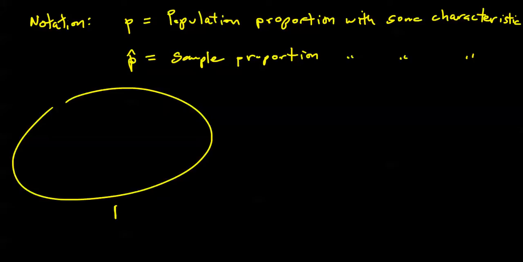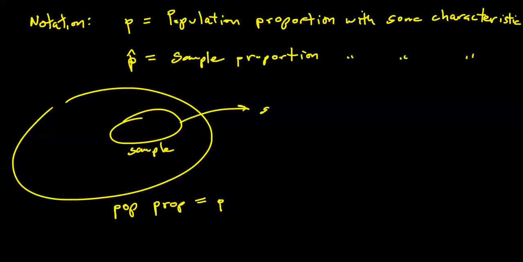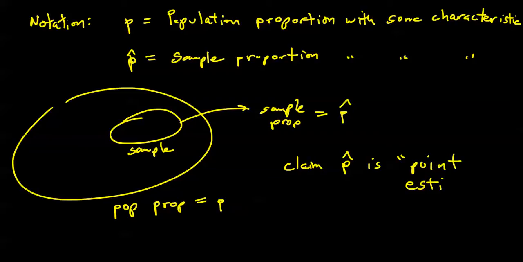Again, in wide strokes, if we've got a huge population with some desired characteristic, I'm going to label that population proportion little p, and our goal is to, from this population, take a sample and compute a sample proportion, which we will call p hat. And I claim that p hat is what we call a point estimate of p.